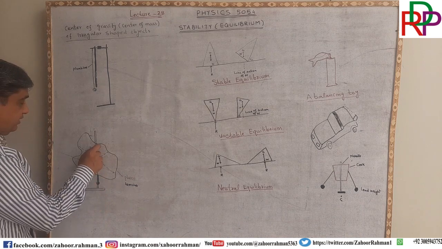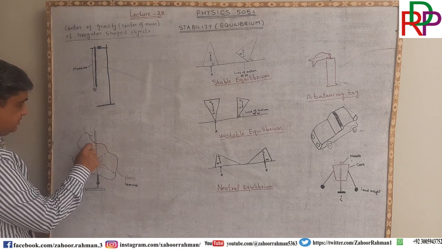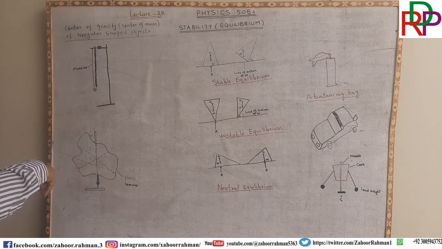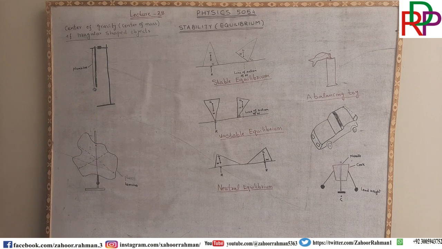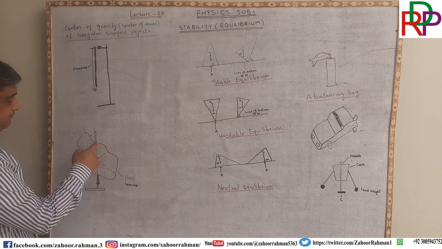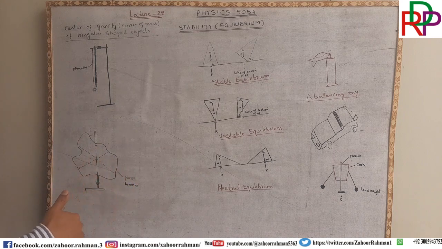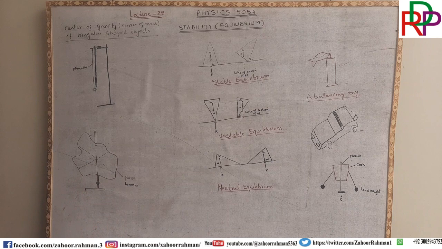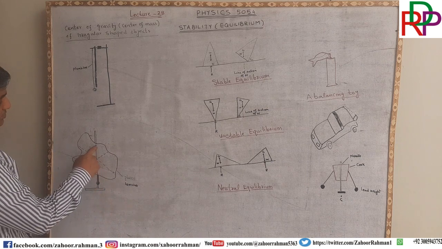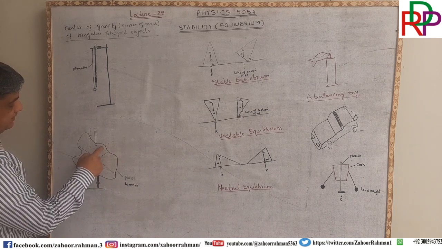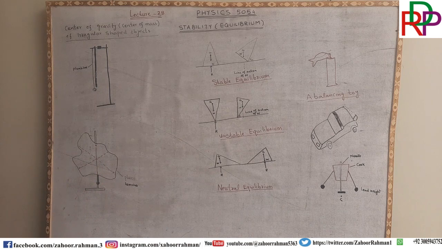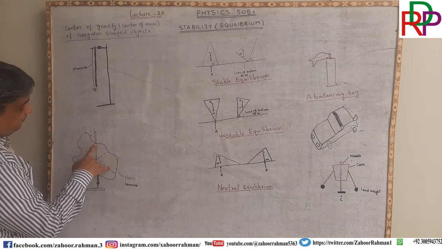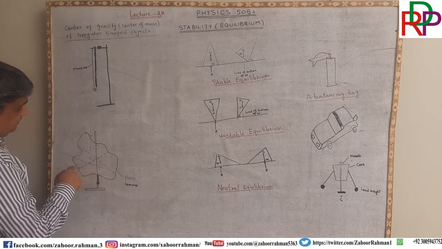One thing more to keep in mind: these holes must not be very large, otherwise most of the mass of the lamina would go away. It should be a small hole. These holes should not be near each other; they should be far apart.